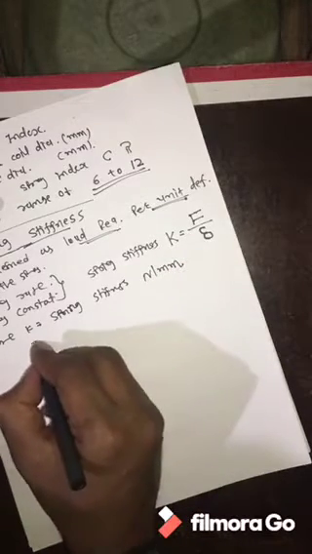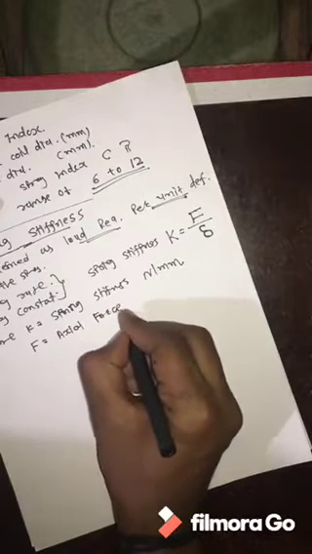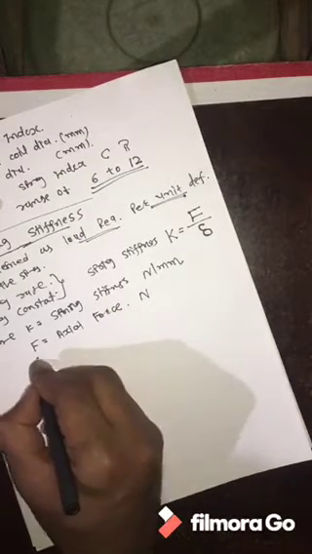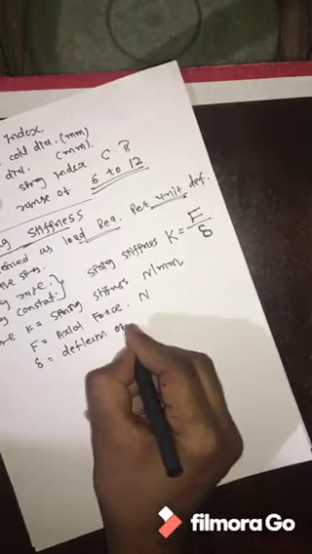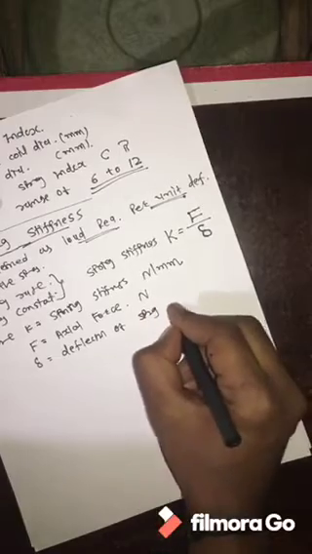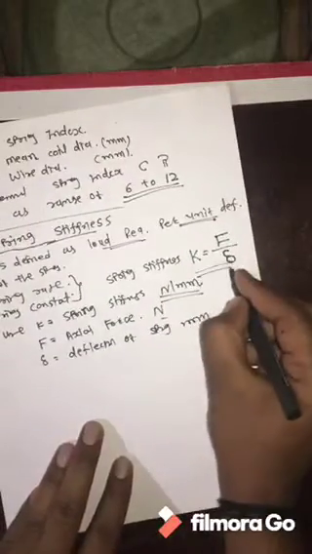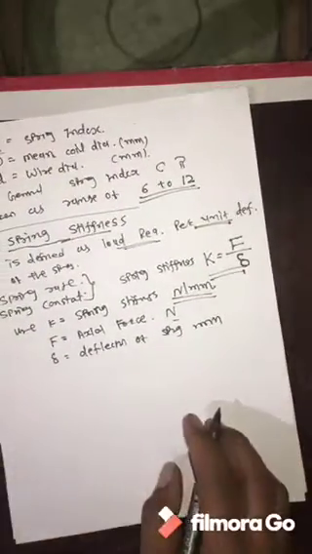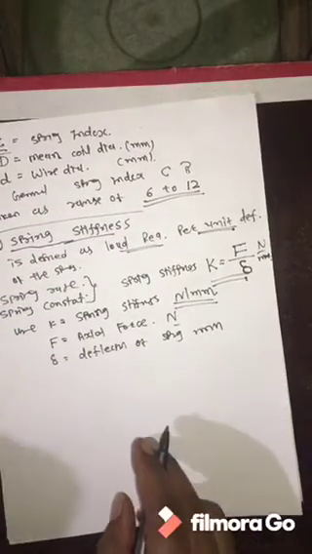F is the axial force in Newton, and delta is the deflection of the spring in mm. So that's why Newton per mm. Clear? Spring stiffness is the load required per unit deflection, and the equation is K equals F upon delta, Newton per mm.